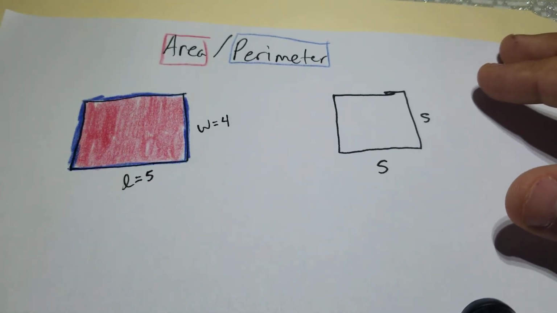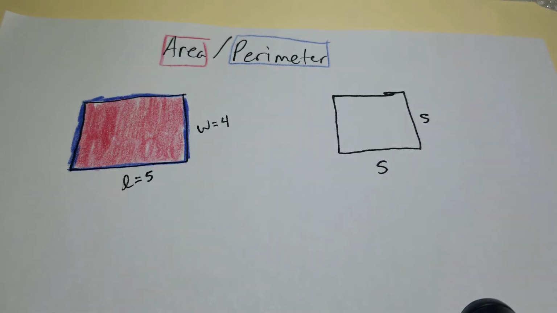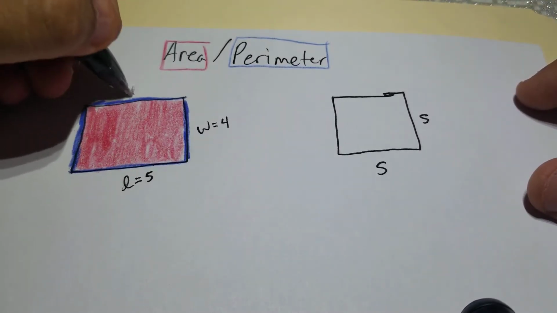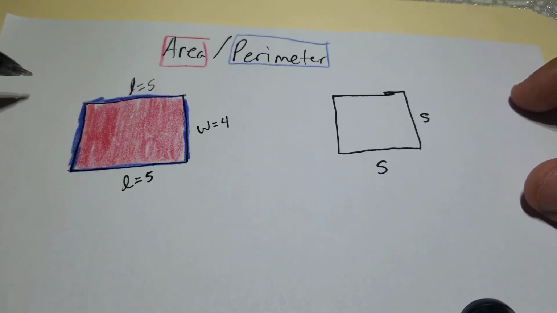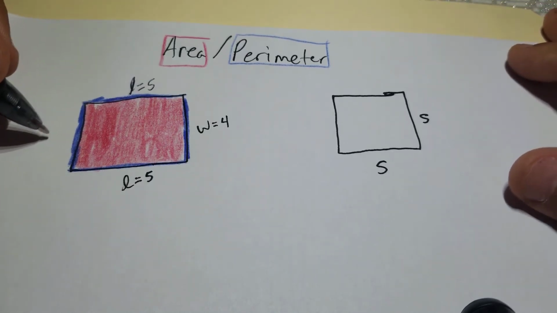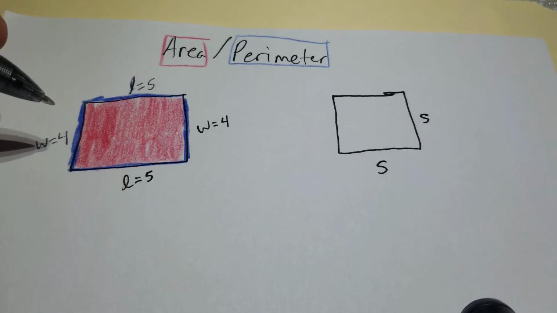Now, perimeter. As I mentioned earlier, we can safely assume that if this side is a length of 5, this side also has to be a length of 5. And if this side is a width of 4, this side also has to be a width of 4.